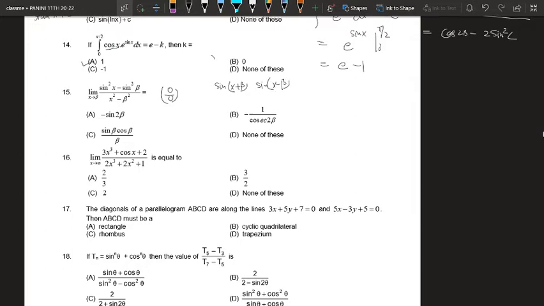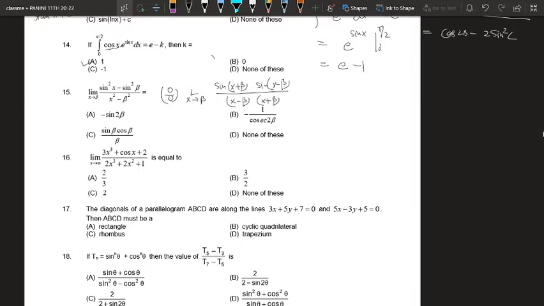We did this identity and ratio identities. The limit as x tends towards beta of sin(x plus beta) sin(x minus beta) over (x minus beta)(x plus beta).